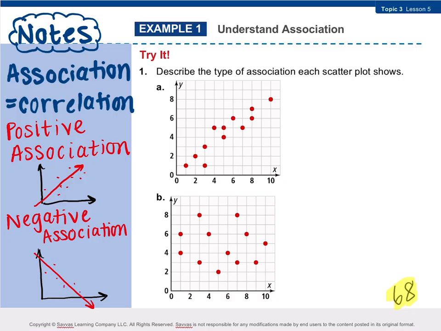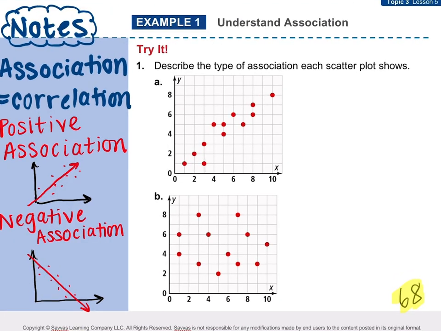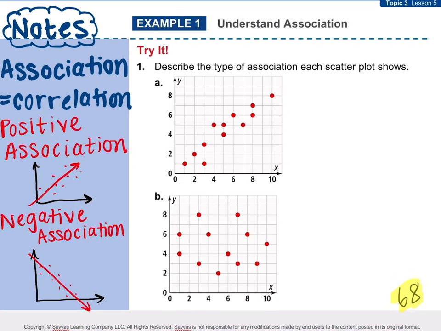So as X gets bigger, my Y values are going down. So what is this type of association in part A? I like to draw in my line of best fit, some kind of average value line to show what's happening with this data, where is it going, and we'll see that this would be a positive association or correlation.